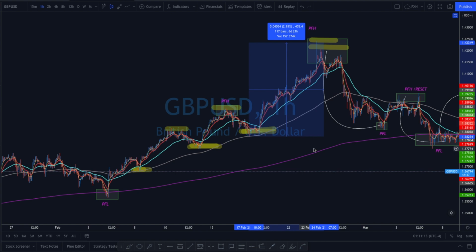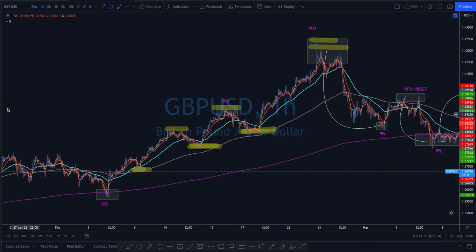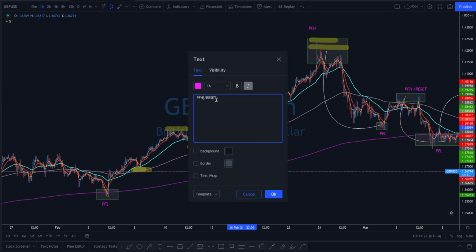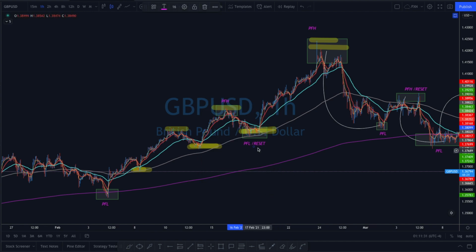Do you see what I mean? So that right there is your other cycle. So this right here, you can confirm that that definitely is a reset. So you just copy this over, change this to peak formation low, reset, boom, and there you go.